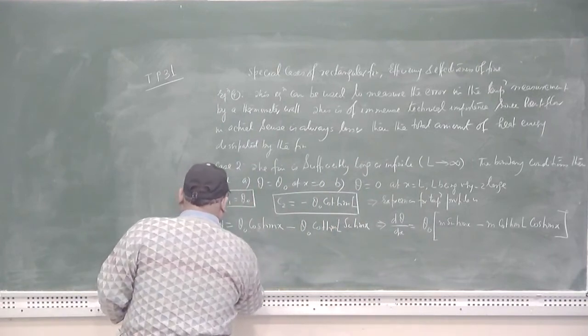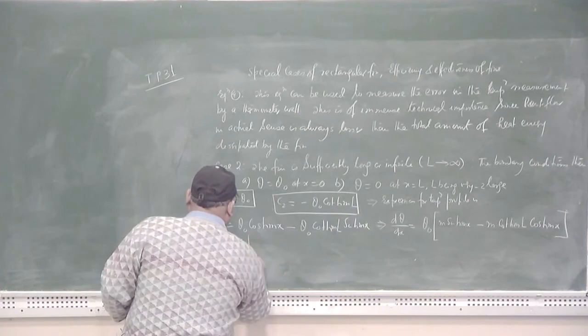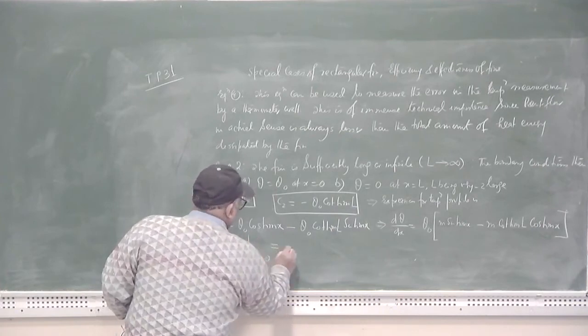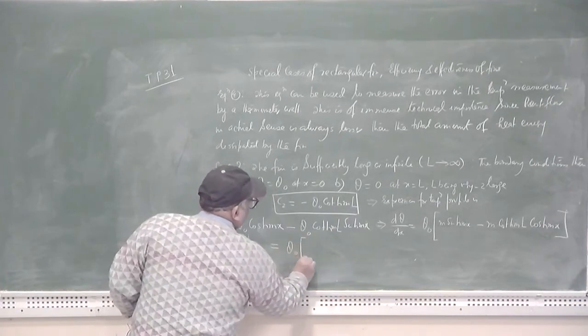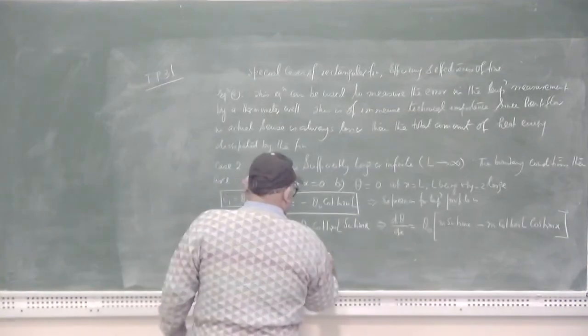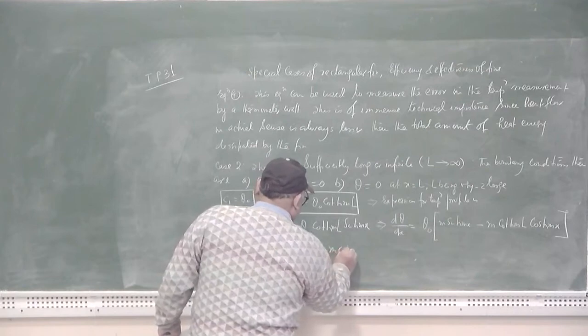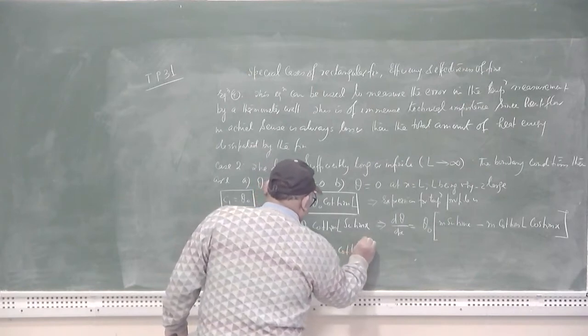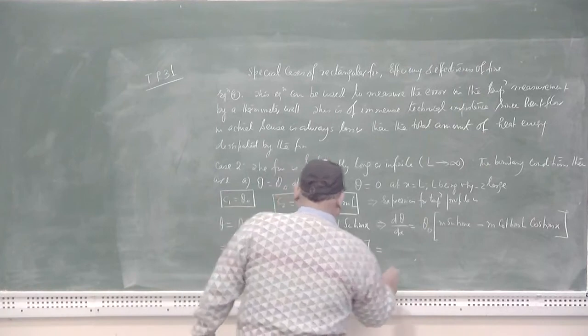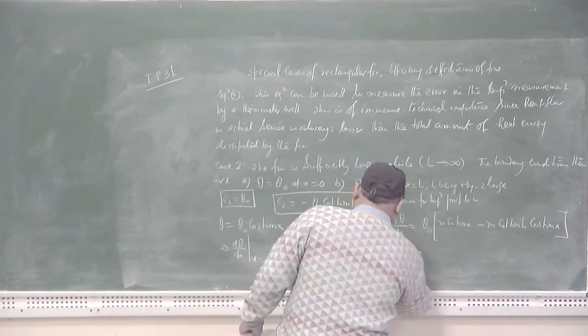So, the value of d theta by dx at x equal to 0 is equal to theta naught into 0 minus m cot hmL, that is equal to minus m theta 0 cot hmL.